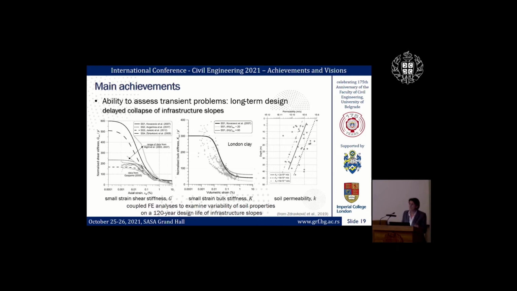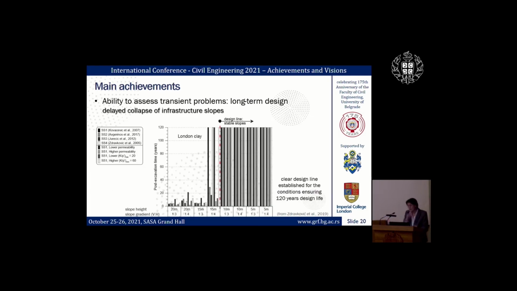And again, that was with taking the finite element modeling, taking the variations in the soil, of various stiff clays along the route of high-speed rail, both the shear stiffness, both the nonlinear bulk stiffness, both the permeability of the soil, again, because it's time, 120 years, that we need to show.